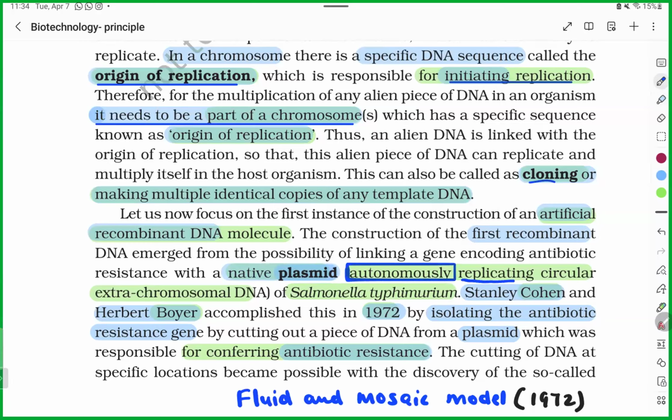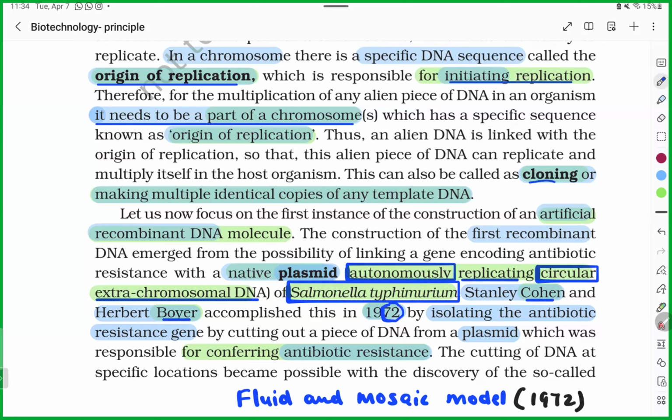It can replicate. A plasmid is a DNA which is circular in nature. A plasmid is the extra DNA of the bacteria. Which bacteria? Salmonella bacteria. If you remember, I asked this question of someone, and the same question was there in the test.